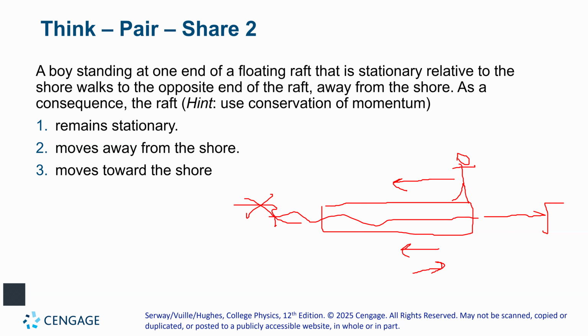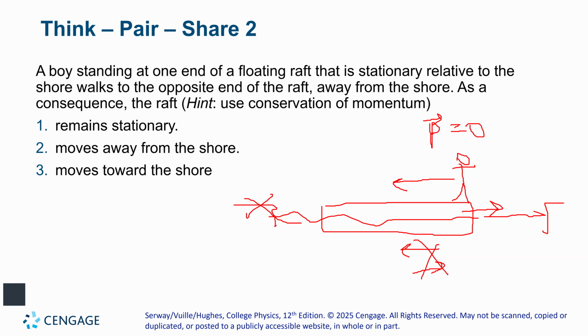So the answer is that the raft at the same time will move towards the shore. Because if the boy gains momentum, initially when everything was at rest, the total momentum of the system was 0. As the boy is moving in one direction, his momentum is not 0 anymore.